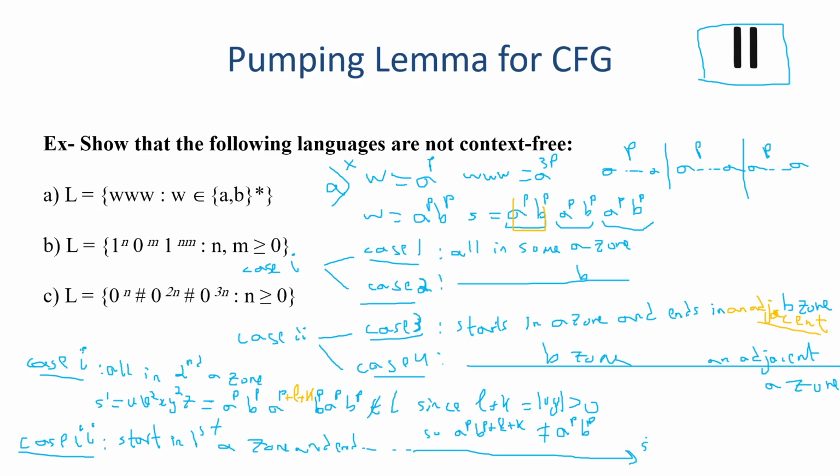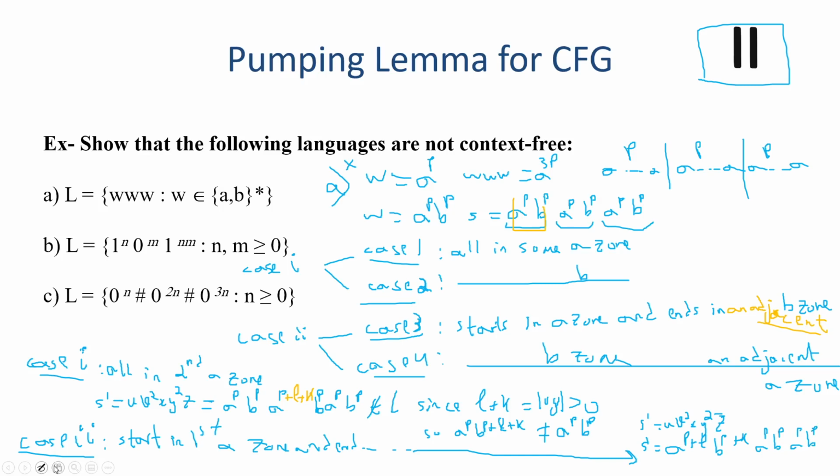We'll get S prime is u v squared x y squared z, and it's going to be a^(p+L), b^(p+K), and then a^p b^p a^p b^p.